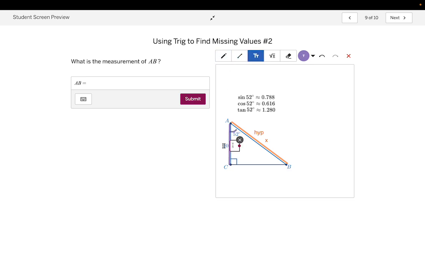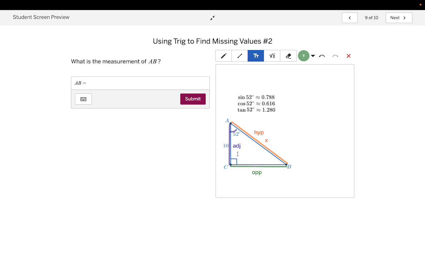And if you're ever not sure, you can label the opposite side if it's helpful. Side BC is technically the opposite side because it's across from the 52-degree angle. So if labeling the opposite side before the adjacent side is helpful, you can. We just don't need to use it in this case.